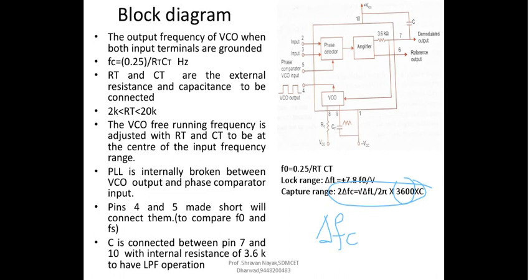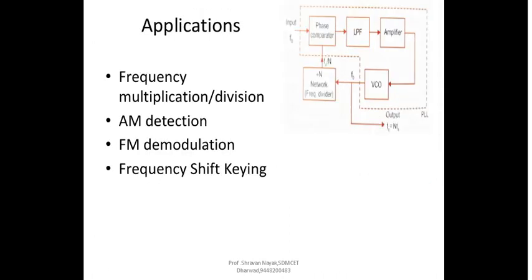So now with this particular background, let us go into the applications of the PLLs, which I have generally mentioned in the beginning. What are the different applications that we have in the PLLs that we will see here? The first one is frequency multiplication or division.